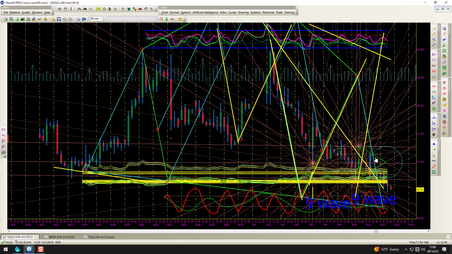This is the triangle set here and here, the low right here, the high right here. Can you imagine what it pointed to on Friday? We better get out of this on the 16th. Look at that.